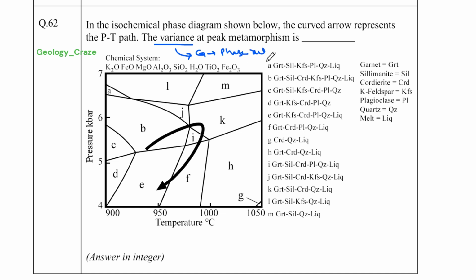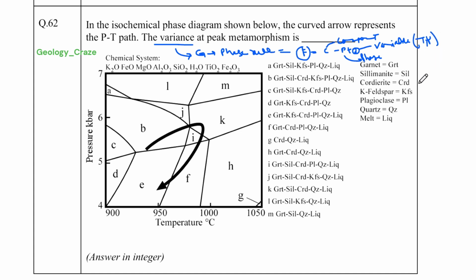And Gibbs phase rule is a formula: F is equal to C minus P plus 2. F is the degree of freedom, or variance. C is the component. P is the phase. And these two represent variables like temperature and pressure.